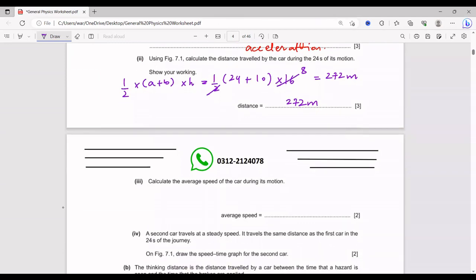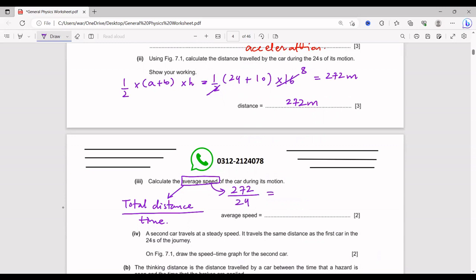Now calculate the average speed of the car. So students, for average speed, the formula is total distance divided by time. When you calculate average speed, the total distance traveled by the car is 272 and the total time is 24 seconds.